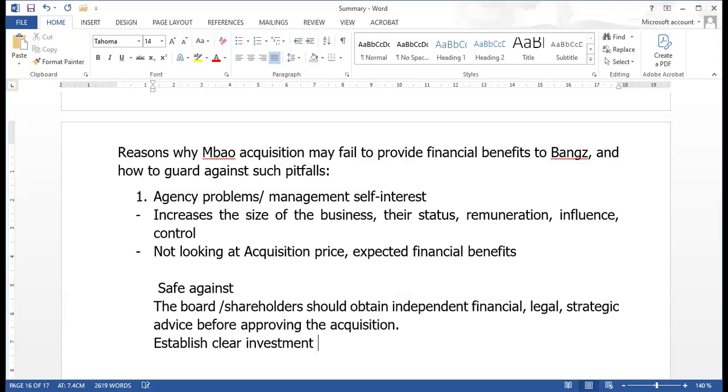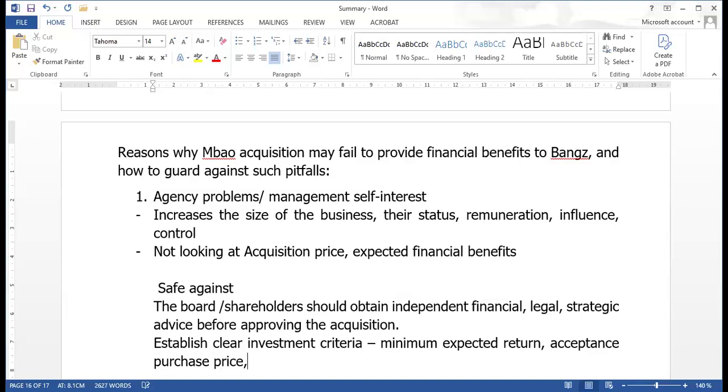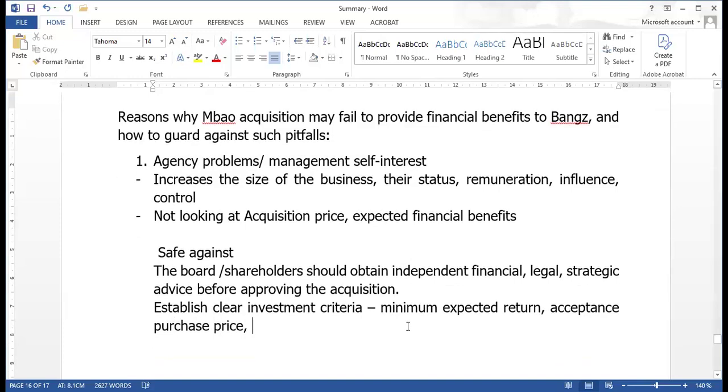investment criteria. You as an entity, do you have investment criteria? You have to establish that, like setting up the minimum expected return, having the acceptable purchase price, looking at the minimum payback period, the maximum or the required.